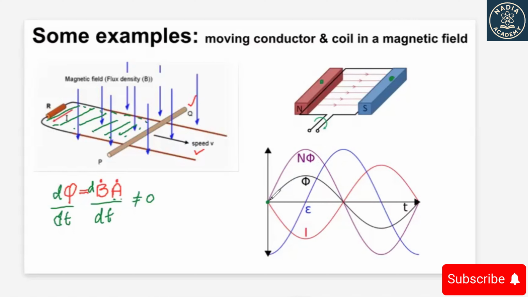Here, when we move this coil, more and more lines will enter into this cross-sectional area of the coil. So when you move, more and more lines of the magnetic flux density will be crossing this cross-sectional area. So it means that this flux linkage is increasing.